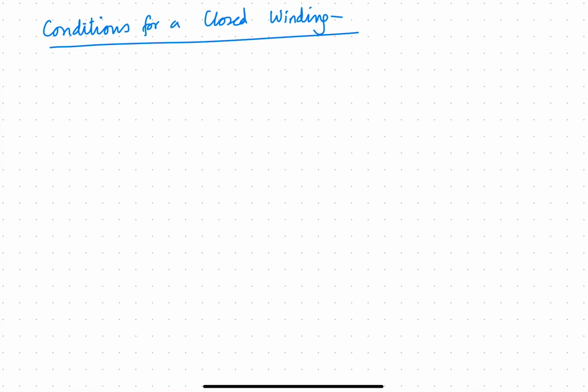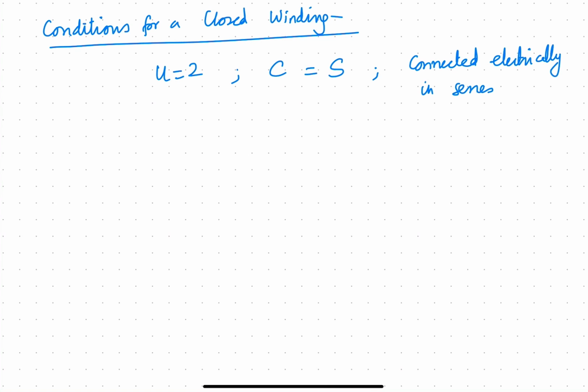If you have a winding with u equal to 2, so a two-layered winding, and C equal to S, and this winding is connected electrically in series, such that no circulating currents flow, this winding is said to be closed.